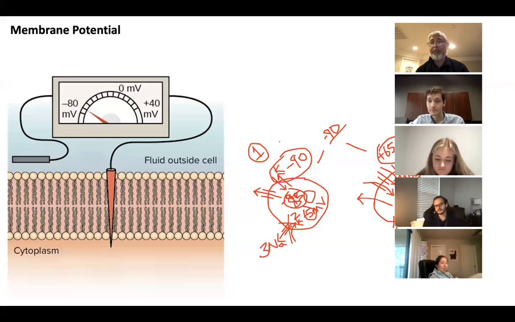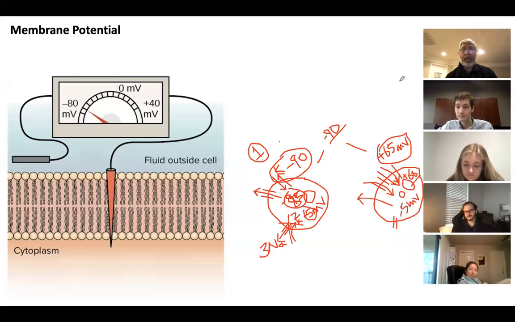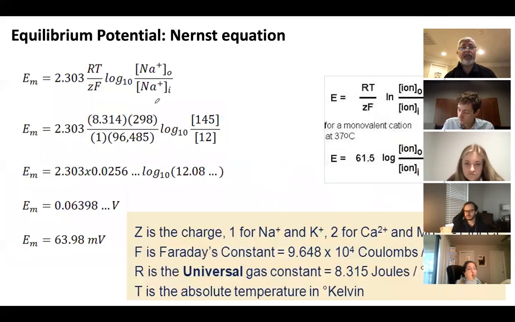So, okay. Now, we don't always use the electrodes inside and outside of the cell to measure it, right? What we do, there are established equations or formulas which we use to calculate the membrane potential. One such is called the Nernst equation. Okay, this is the Nernst equation.